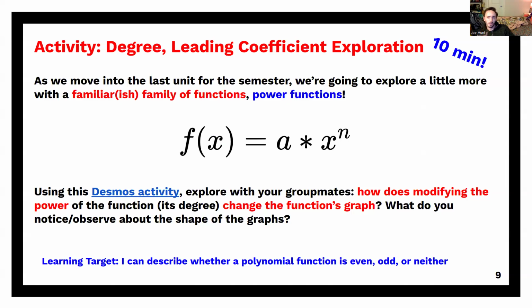I want you to play around and modify some of the different sliders and values for the A term and the N term. And I want you to make some observations with maybe an elbow partner. What do you notice is starting to happen with these functions? Are there certain bins or categories you can put them into? What are the different settings for A and N that make certain behaviors happen? And we'll pick up and go from there.